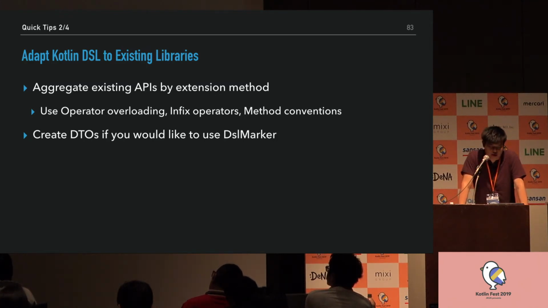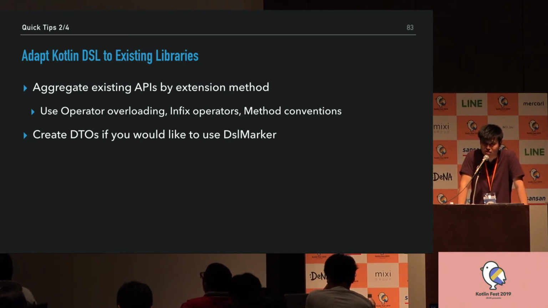However, if we would like to use DSL marker, then we need data transfer objects because DSL marker should be annotated to receiver classes. I mean, we need to prepare our own classes.